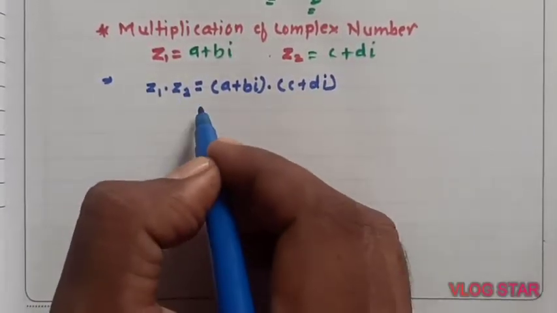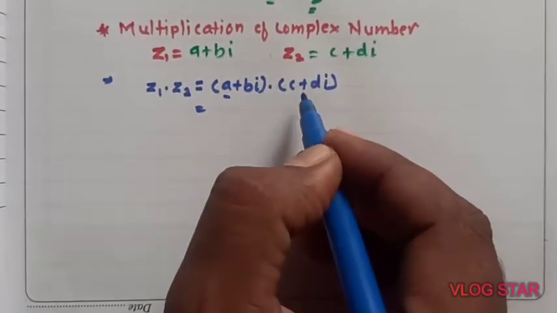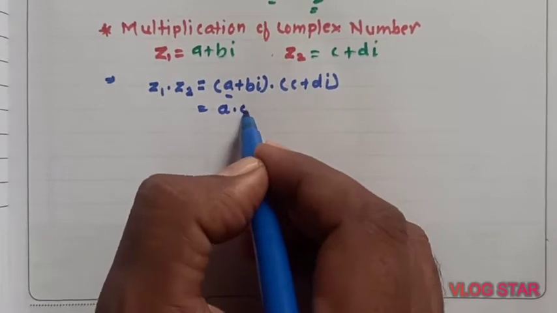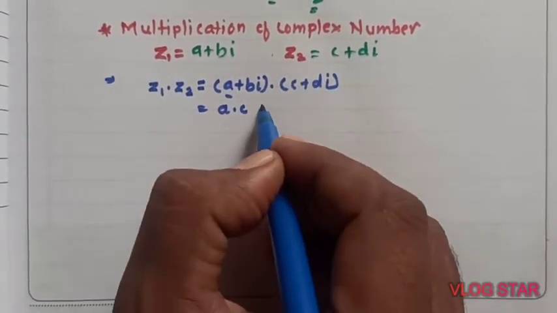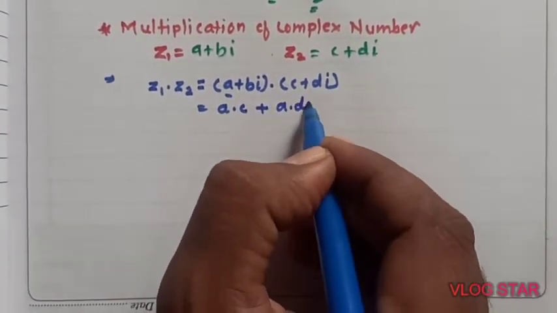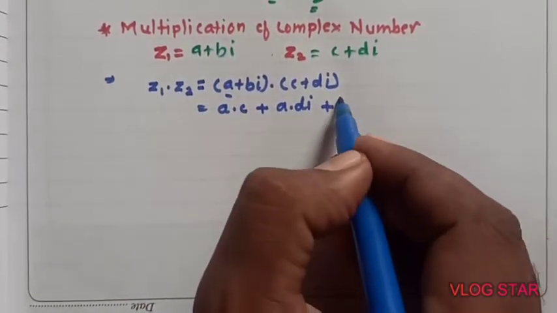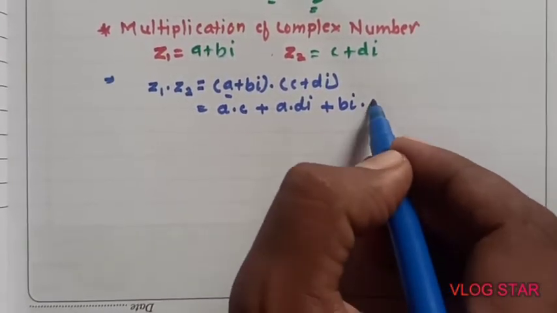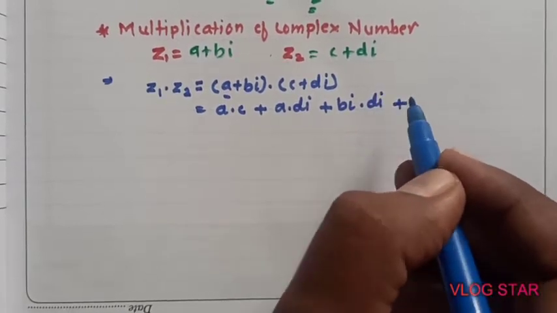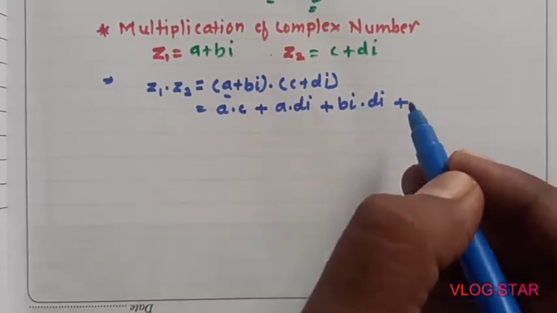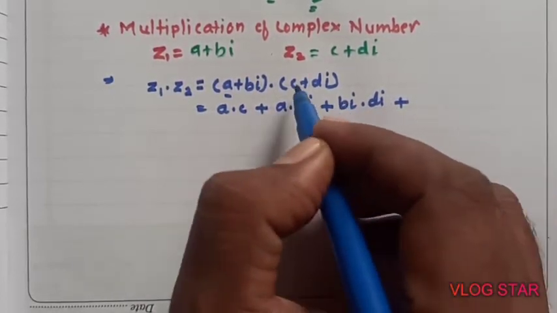Normally we multiply the brackets, first into both, second into both. So a into c, a into di, plus bi into di, plus bi into c.